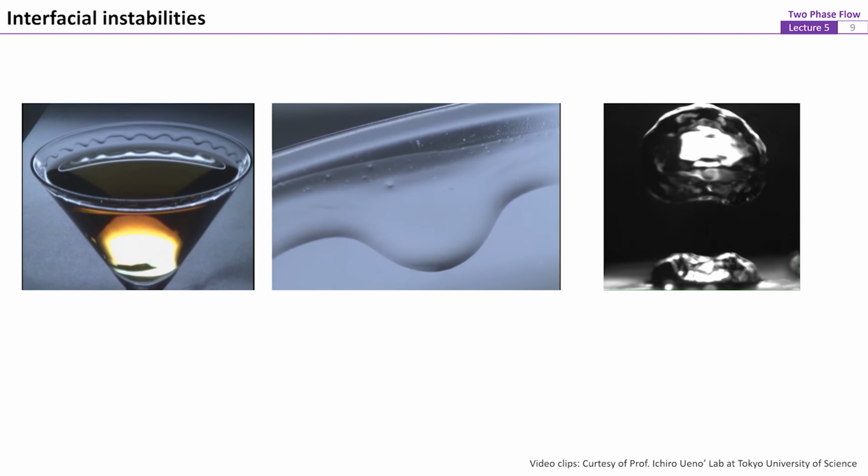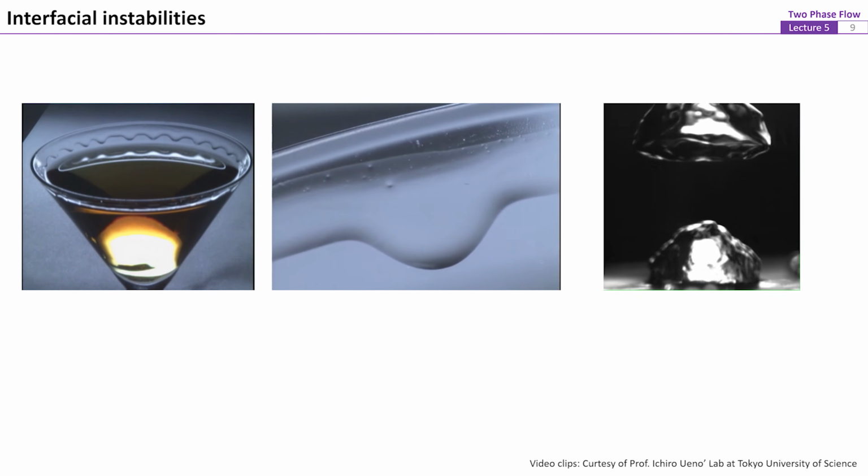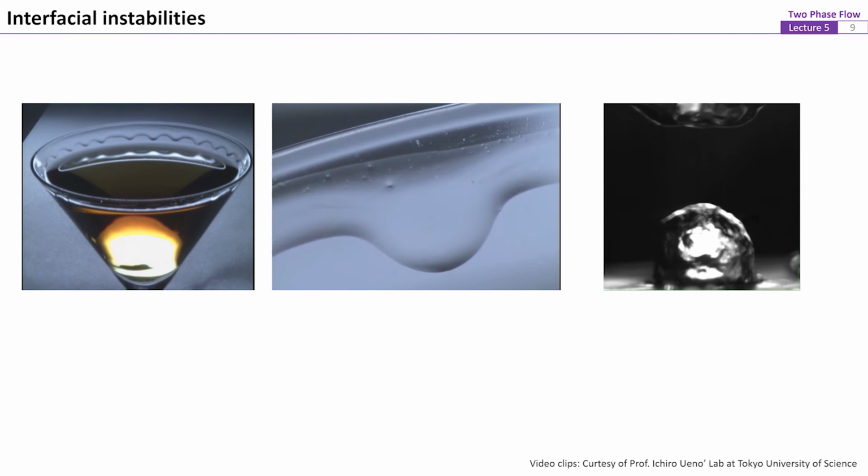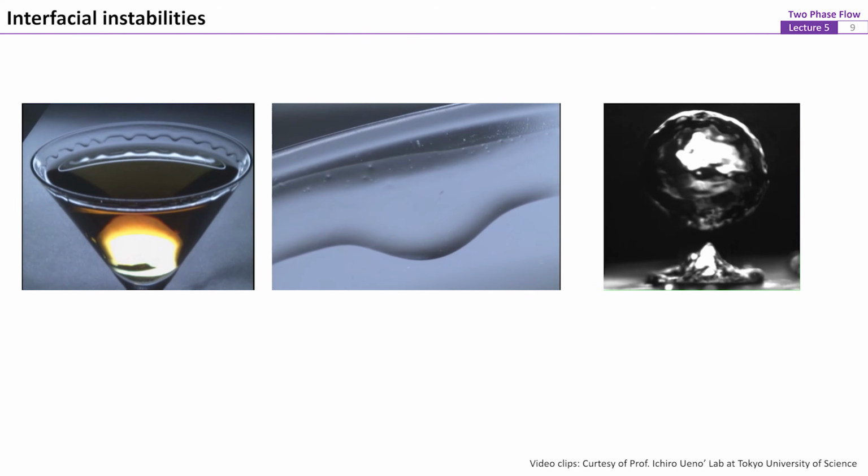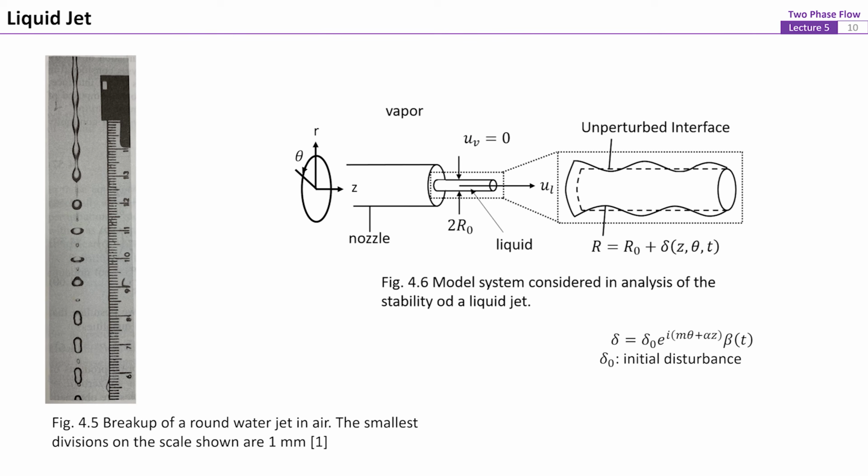Here let's watch some videos that we have also seen previously in Lecture 1 about interfacial instabilities. Analysis for the interfacial instabilities for a liquid jet can be conducted by a similar procedure. The flow of a liquid jet from a nozzle tends to break into small droplets after traveling some distance in air.